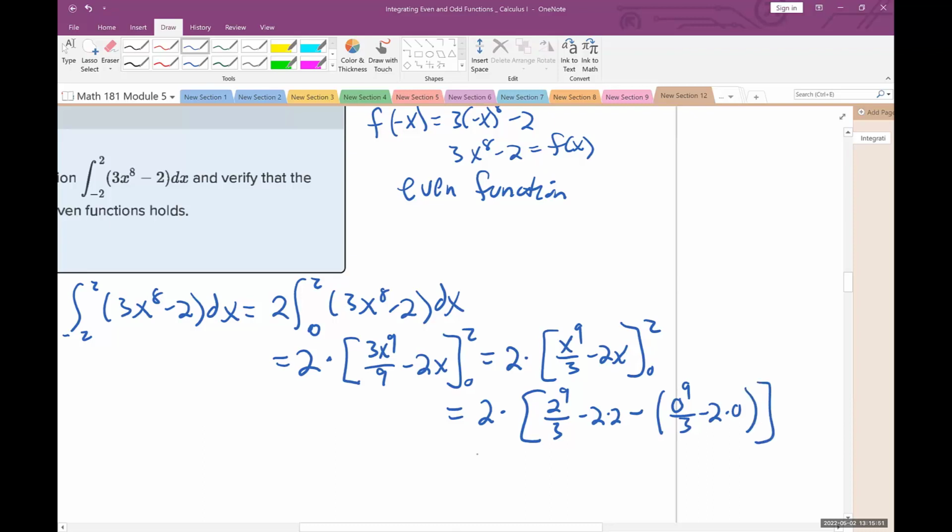Okay, so we have 2 times what? Obviously, the second part is just 0. And 2 to the ninth is a big number. I think it's 512, isn't it? It's 512. So 512 over 3 minus 4.